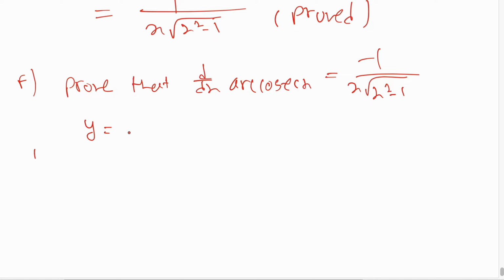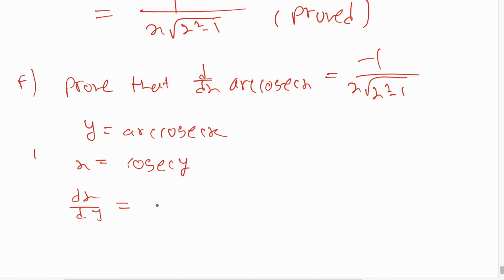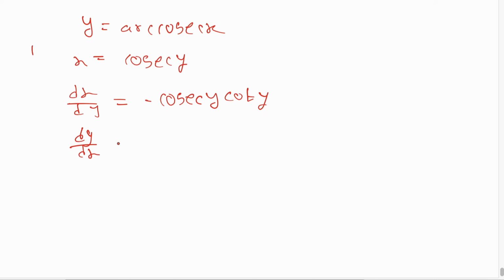So y is equal to arccosec x, that means x is equal to cosec y, so dx by dy is minus cosec y cot y, and dy by dx would be minus 1 by cosec y cot y.